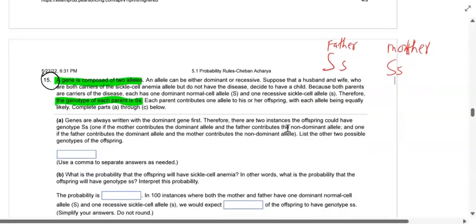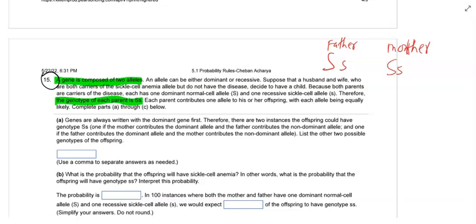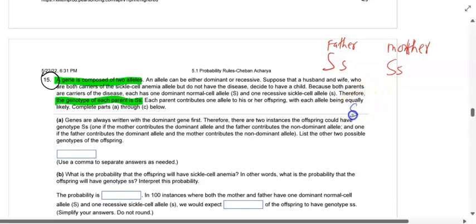In other words, the offspring could have dominant from father, dominant from mother; recessive from father, recessive from mother; dominant from father, recessive from mother; recessive from father, dominant from mother. Therefore, you have four possible outcomes that the offspring can have as genotypes.